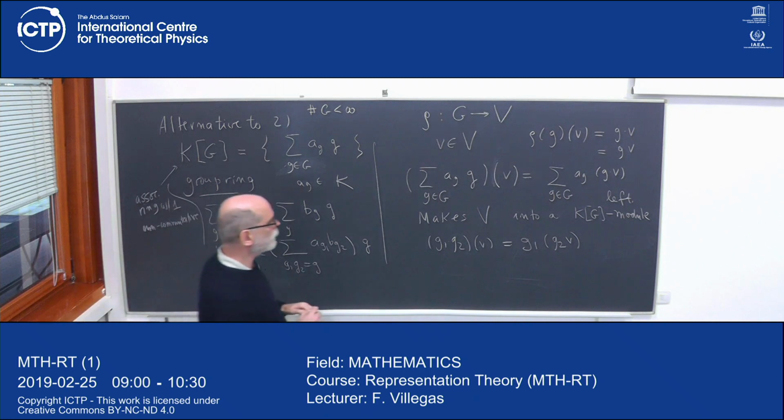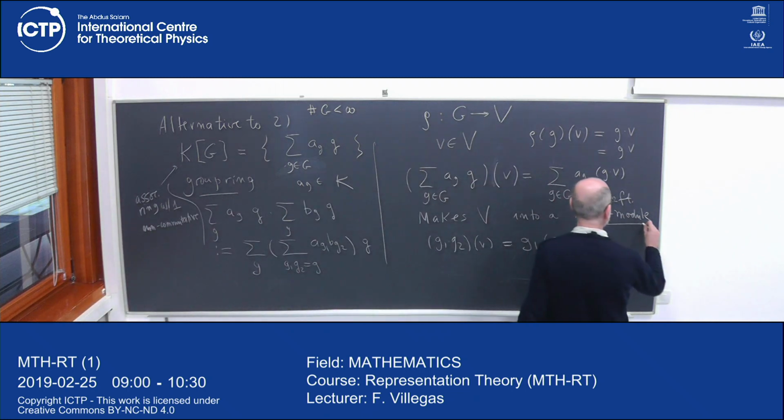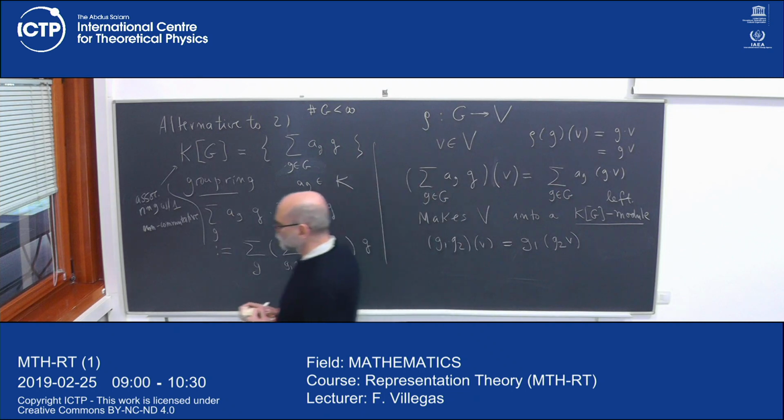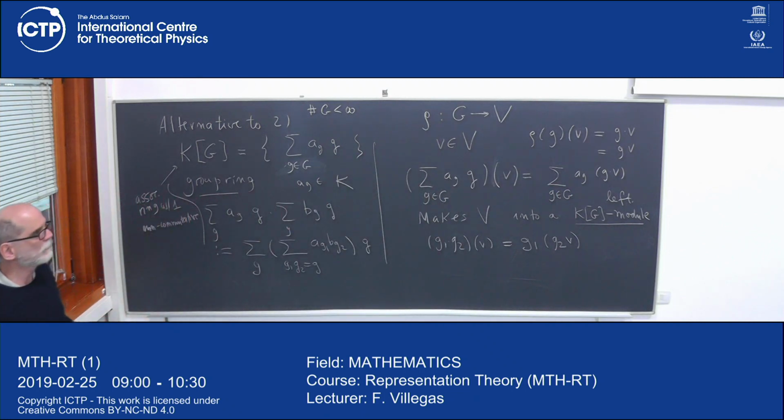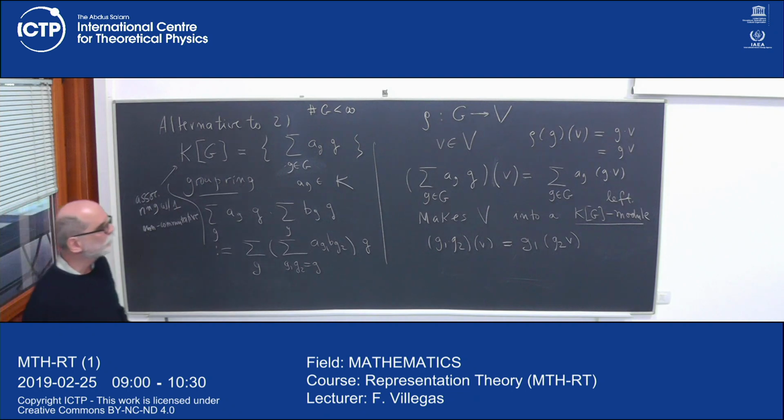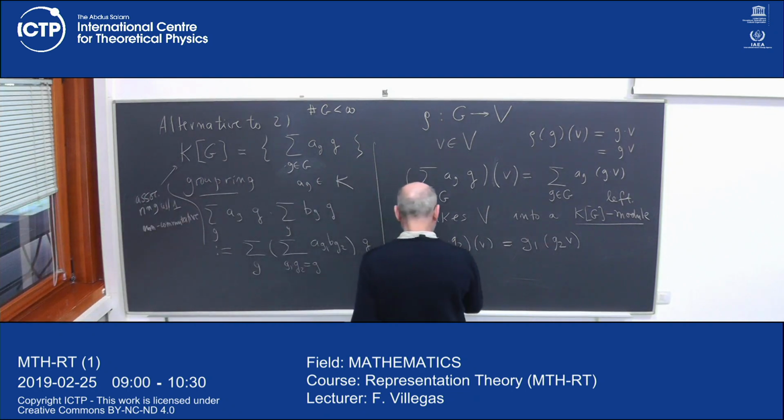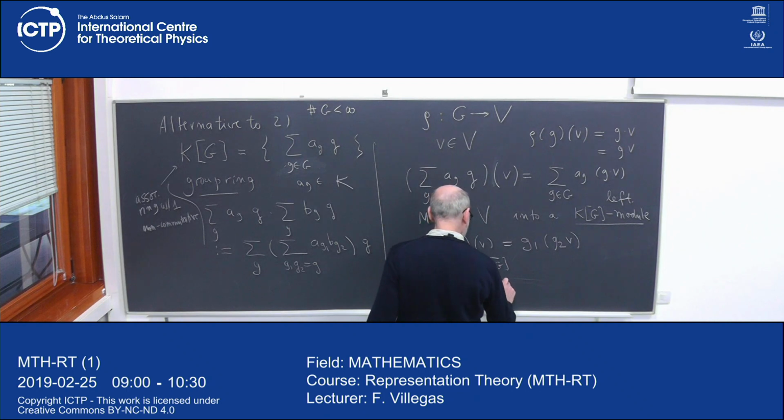So this means that what we have is a KG module, and you can see that a KG module is just the same as a representation. If you have a set which is a KG module, first you know how to multiply by scalars, because K is a subring of KG, simply by taking a scalar a to a times 1, where 1 here means the identity element of the group.